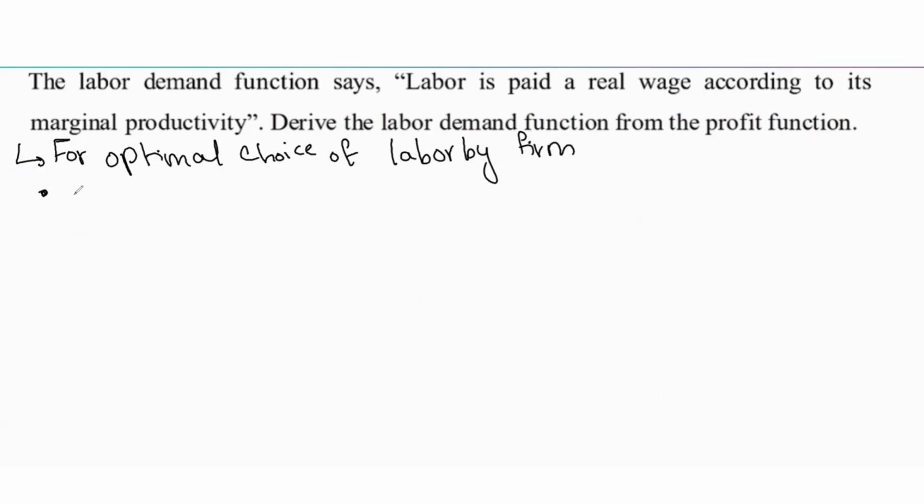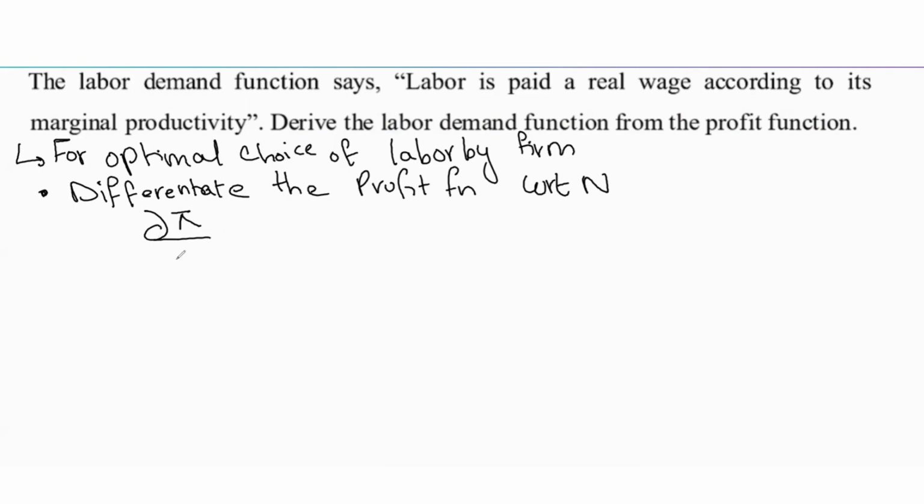For this, we first differentiate the profit function with respect to n. So that's the first thing we're going to do. We just found pi to be Py minus Wn. So we want to differentiate this with respect to n.